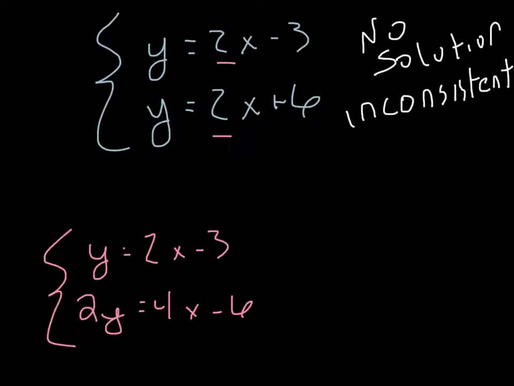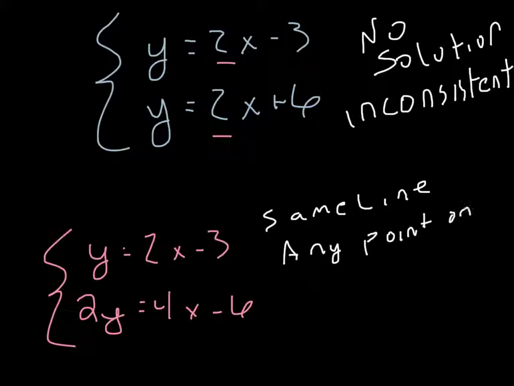So these two lines are actually the same line. For that reason, I have an infinite number of solutions. My solution is any point on the line. And I would call this a consistent dependent system.